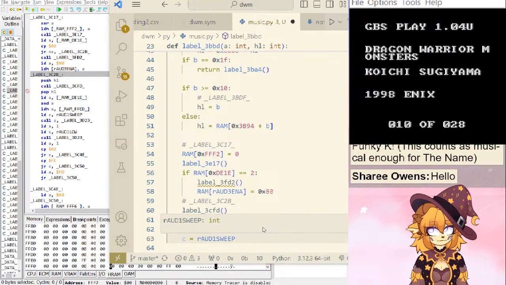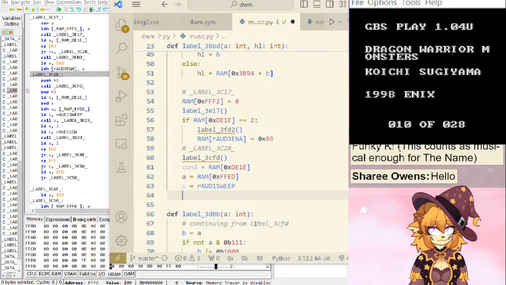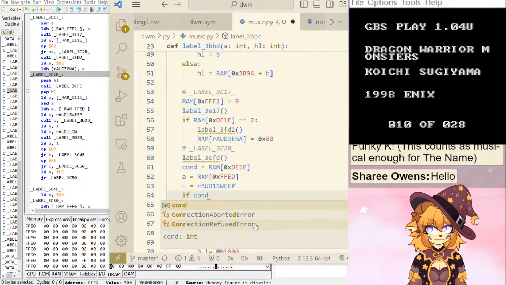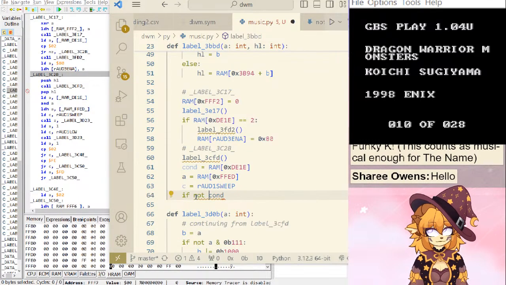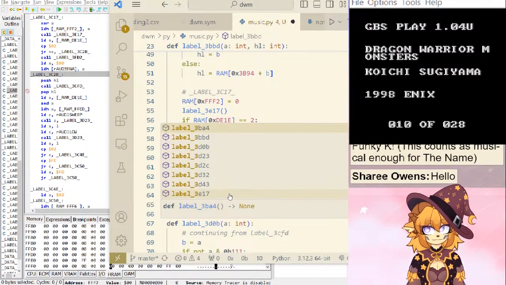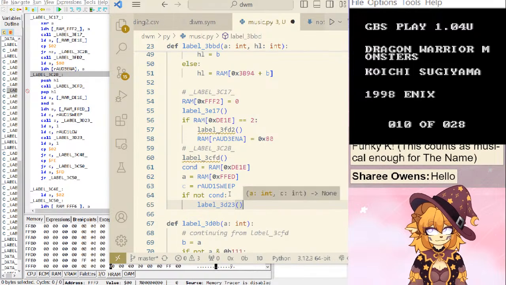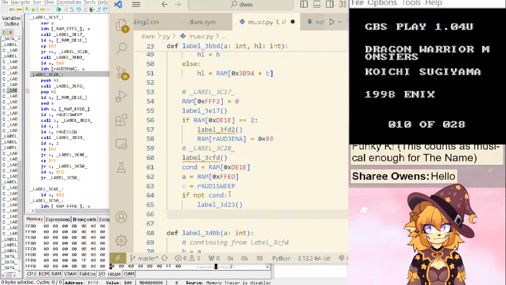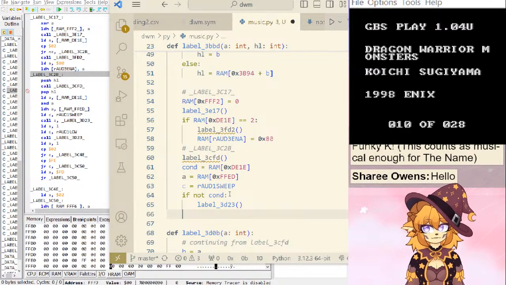Why aren't you letting me autocomplete that? So then if cons, or if not cons, call this label 3D3. Either way, keep going.